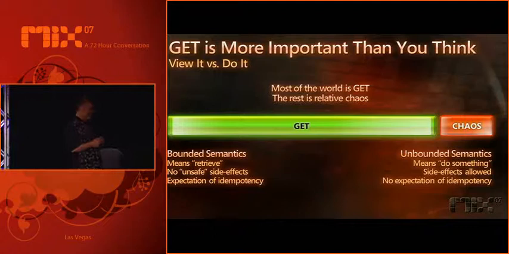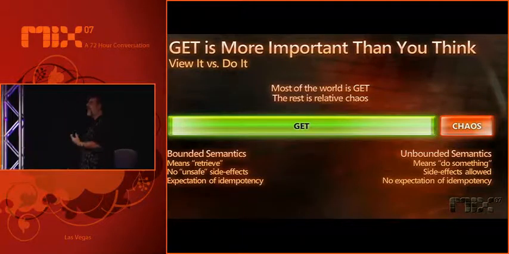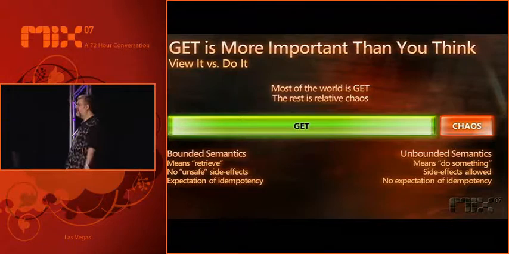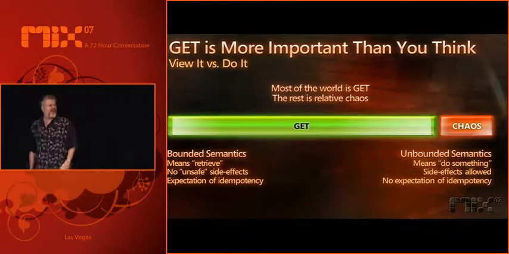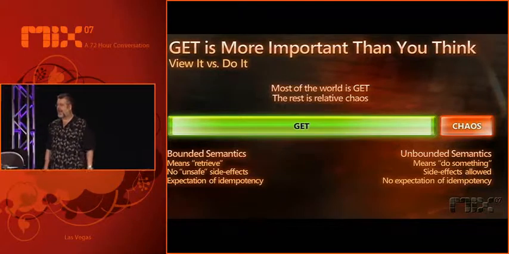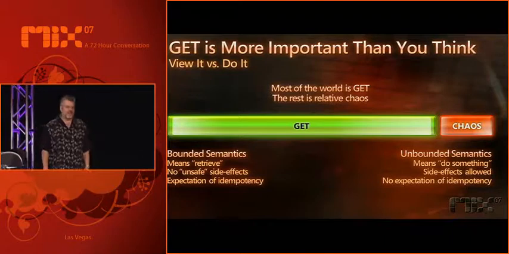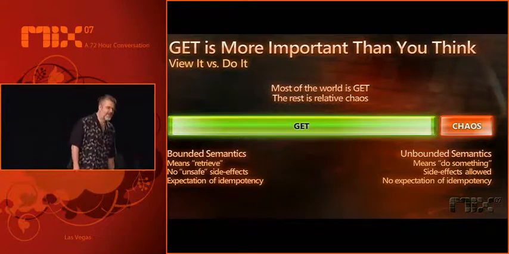The interesting observation is when you have both of these, it's possible, and I'm going to plead guilty, to see, well, if I have the thing on the chaos side, I could just put my bounded semantics into the unbounded semantics bucket and it would work. To be clear, it will work. It will just not work well.